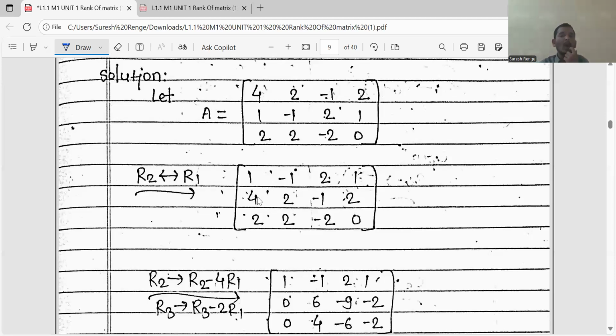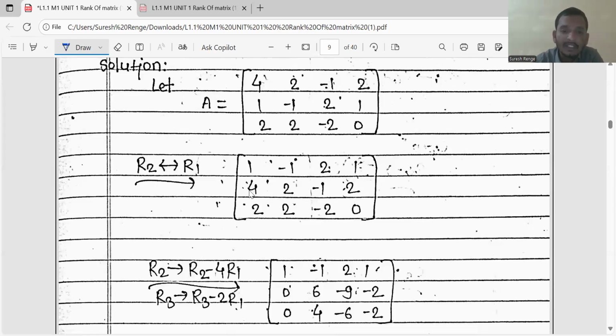Means what operations are we applying? Now we apply R2 minus 4 times R1 and R3 minus 2 times R1.